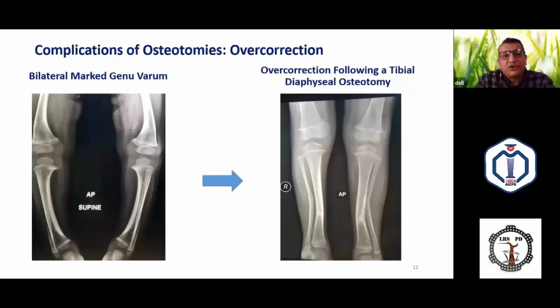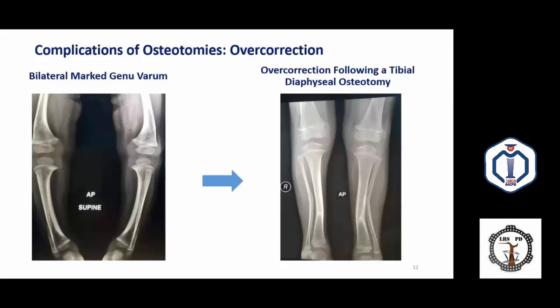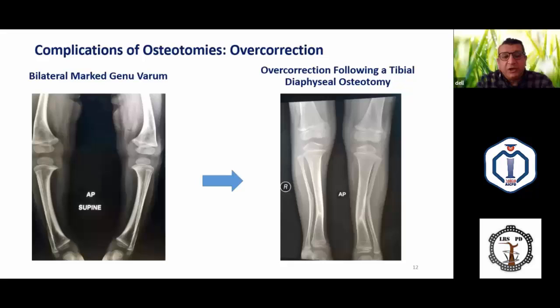This is an example of overcorrection in osteotomies. On the left-hand side, bilateral genu varum, mostly of tibial origin, was corrected by a diaphyseal osteotomy. There is some overcorrection. Sometimes overcorrection is accepted, it remodels or doesn't affect function, but sometimes an overcorrection will need a redo operation.